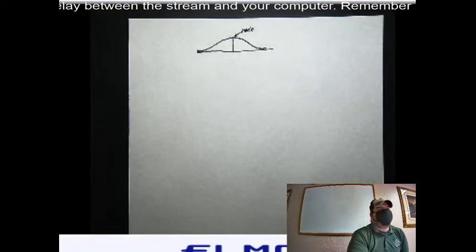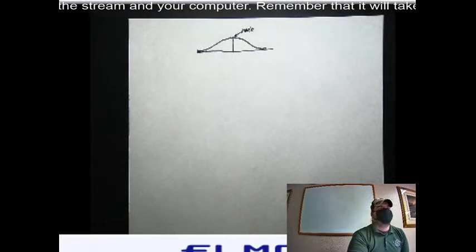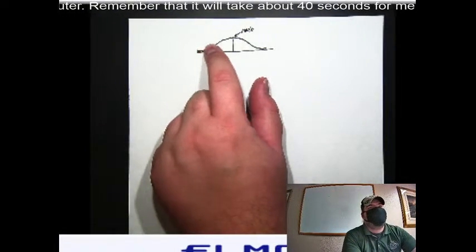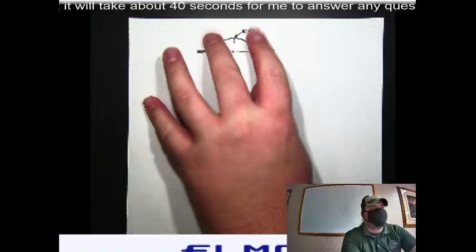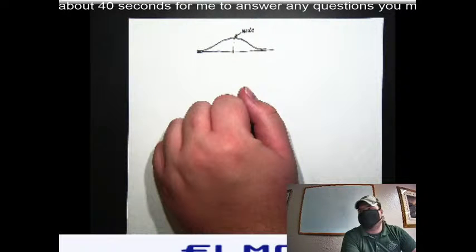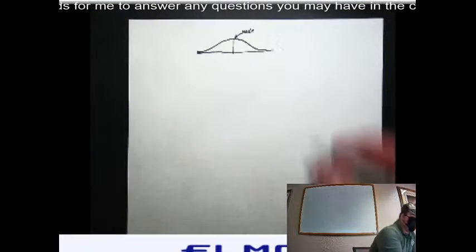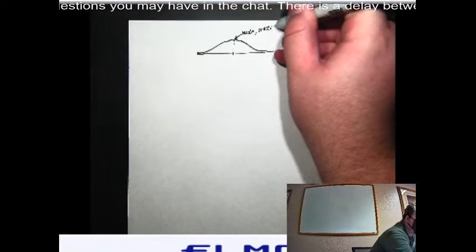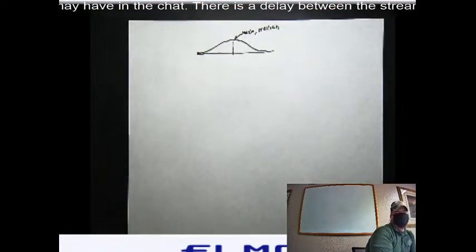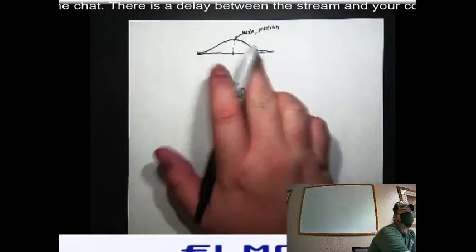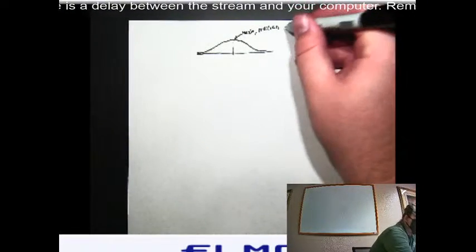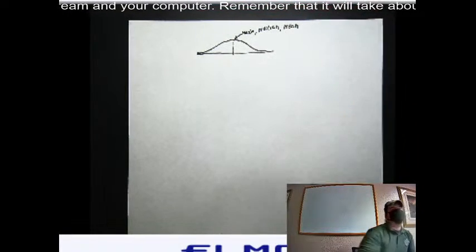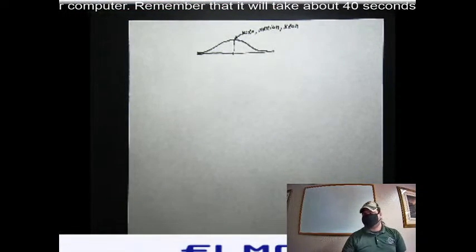However, we also said that if it is normally distributed, something like this, where we have a nice single curve, it goes right up like that and then right back down, not two peaks or things like that, then we can also say that this is the median, which of course means that it splits our data into two equal parts, as well as the mean, or the average data.